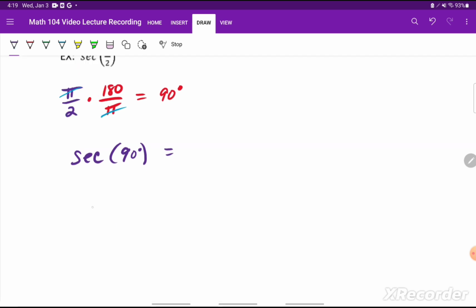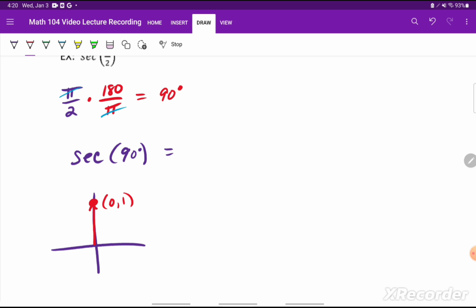When I draw this up, though, I realize, oh wait, 90 degrees is right here on one of my axes. So my special right triangles don't apply. Instead, we choose a point on that axis. To make our life as easy as possible, I always choose 1. So this is going to be the point 0, 1.